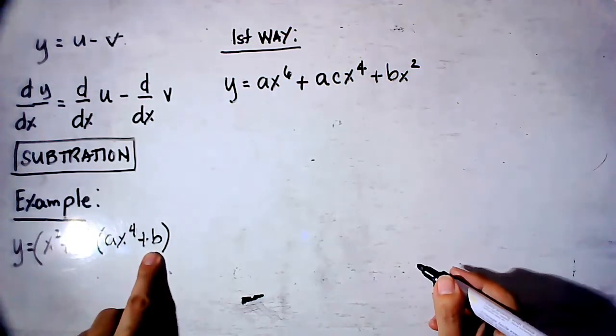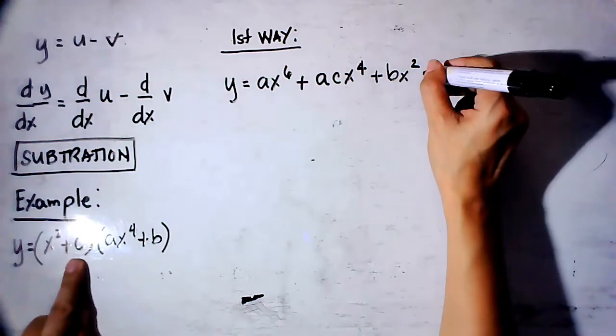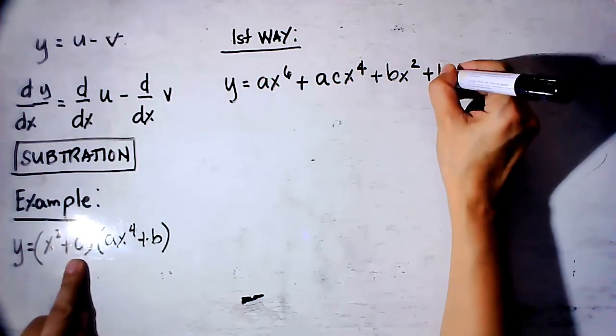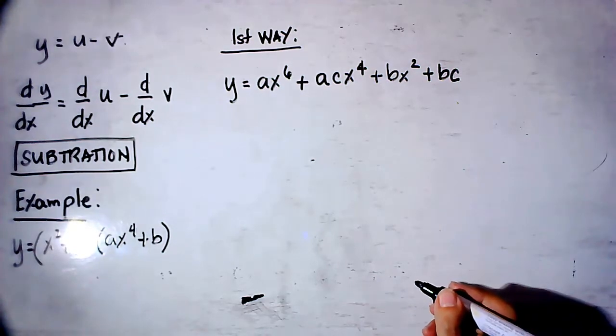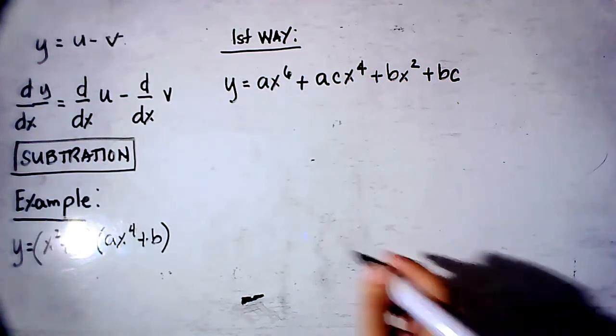And if you're going to multiply b times c, that would be plus b times c. And then we can now differentiate.